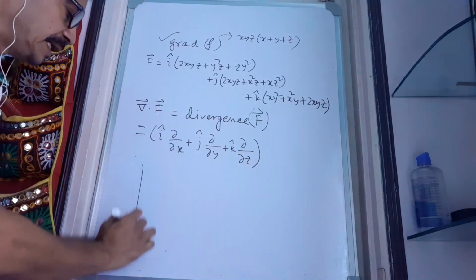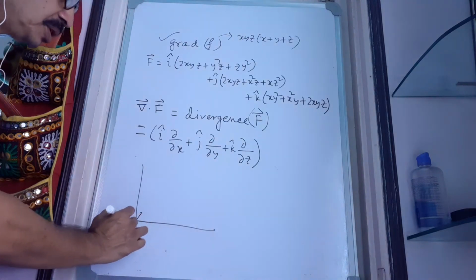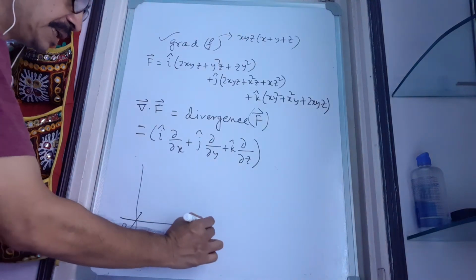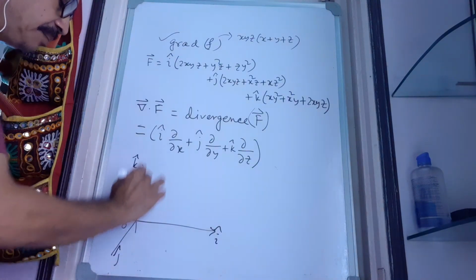We know that whenever we add them up, we get the rate of growth in an overall way. Since this is i cap, this is j cap and this is k cap.